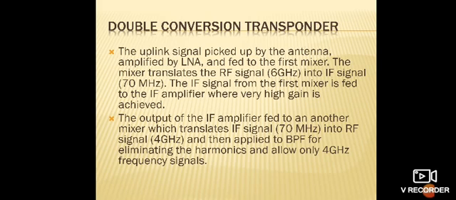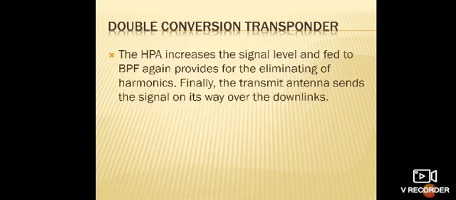The output of the IF amplifier is fed to another mixer which translates the IF signal into the RF signal, that is the 70 megahertz signal into a 4 gigahertz signal, and then it is applied to the BPF, that is the band pass filter, for eliminating the harmonics, and it allows only the 4 gigahertz frequency signals.